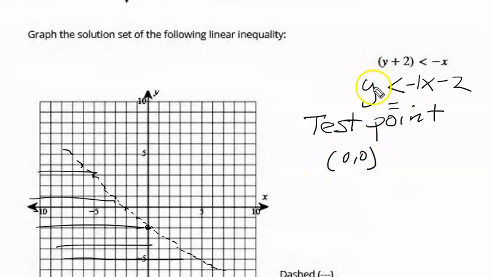So if y is 0 here, and x is 0, is 0 less than negative 2? No, 0 is greater than negative 2. Therefore, we shaded the correct region. The test point is not in the region of solution. All right, one more to go.